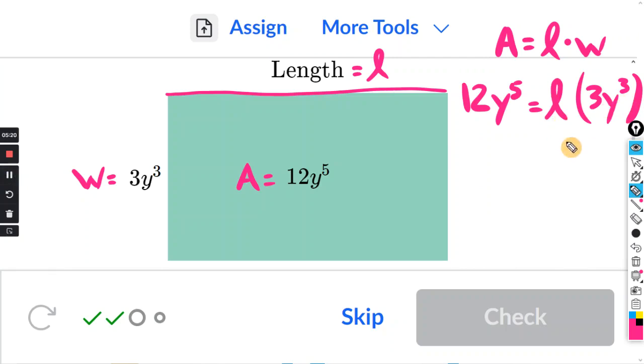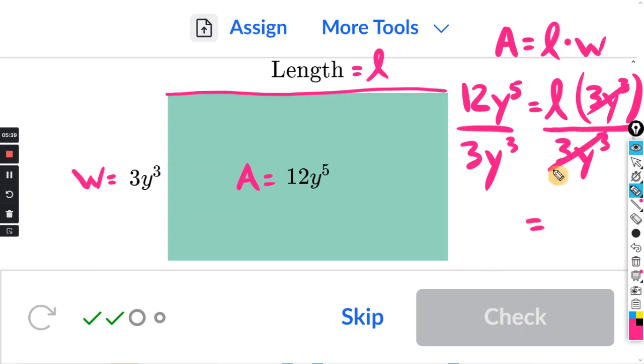Just like the last problem, solving for L, the opposite of times 3y to the third is divided by 3y to the third. You want to do that to both sides of the equal sign. 3y to the third divided by itself cancels. Bring down the equal sign, bring down the L, and divide numbers and variables separately.